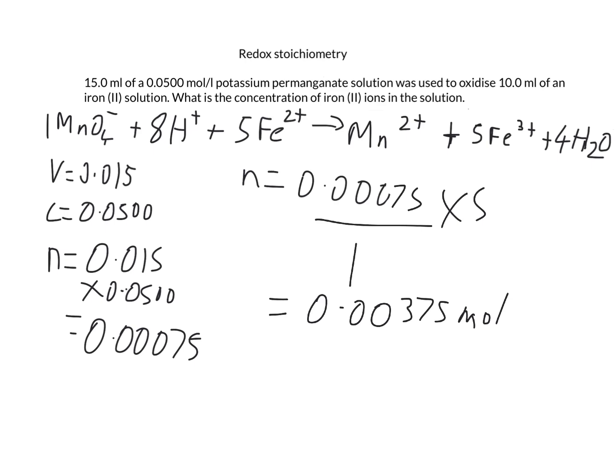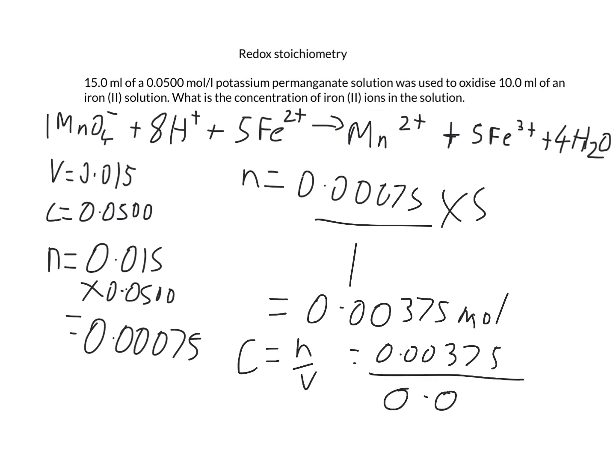And now finally, we're asked for concentration. Concentration equals number of moles over volume, so n on V. In this case, our n is 0.00375. Our volume in this case is 10 mL or 0.001. My apologies, it's 0.01.